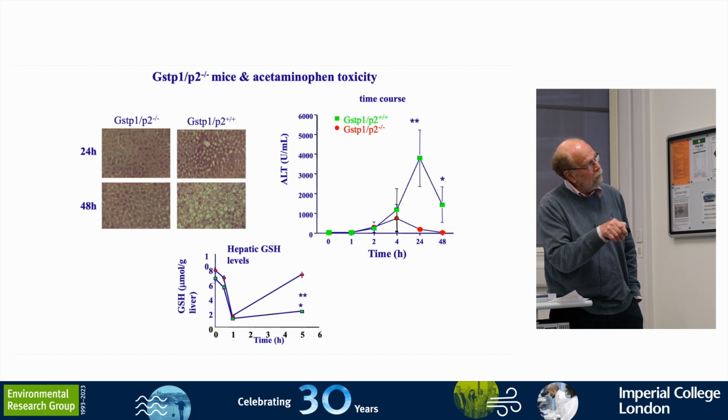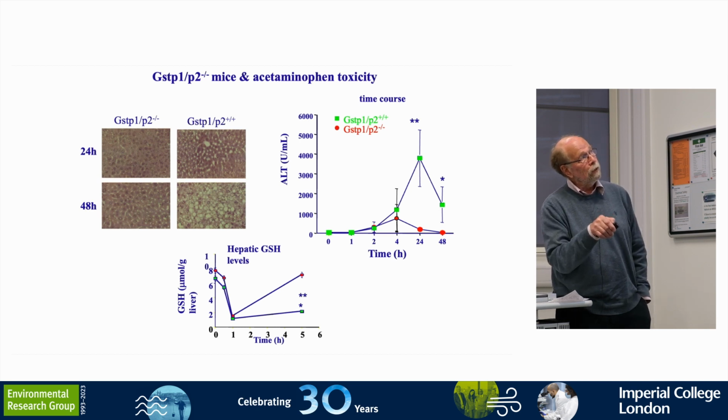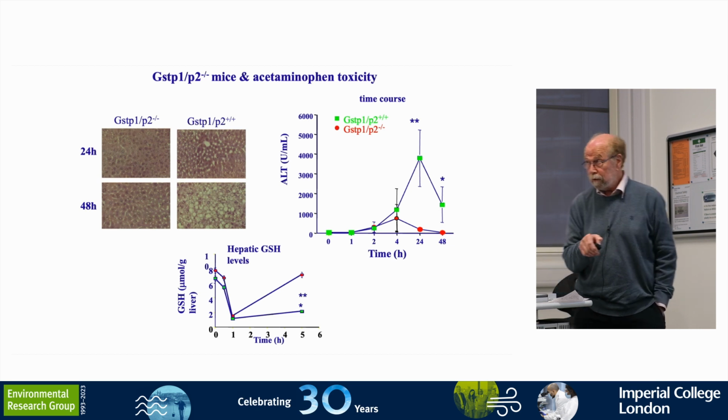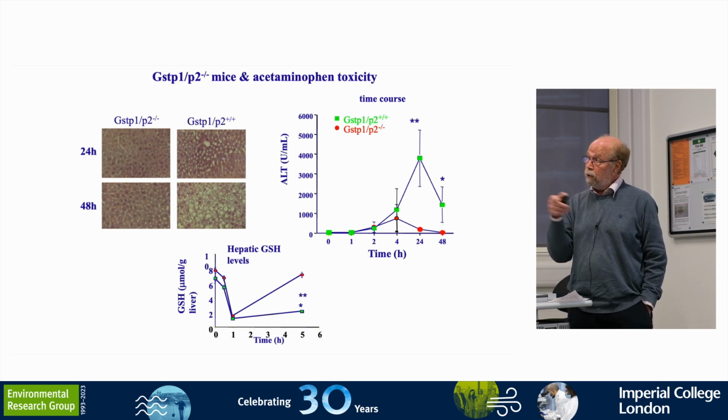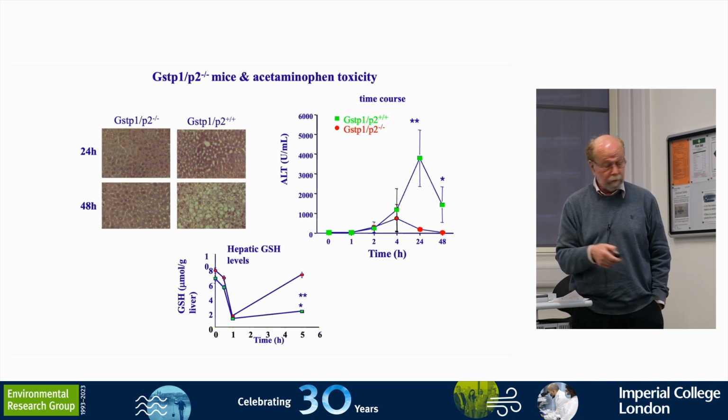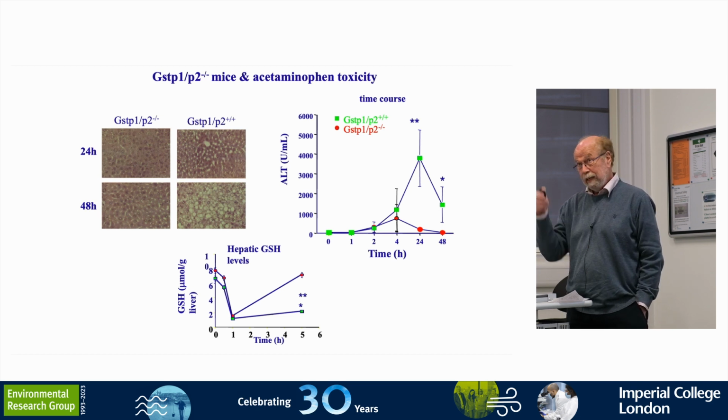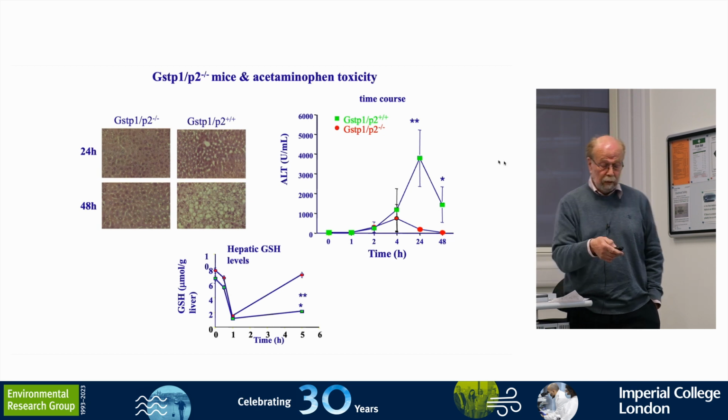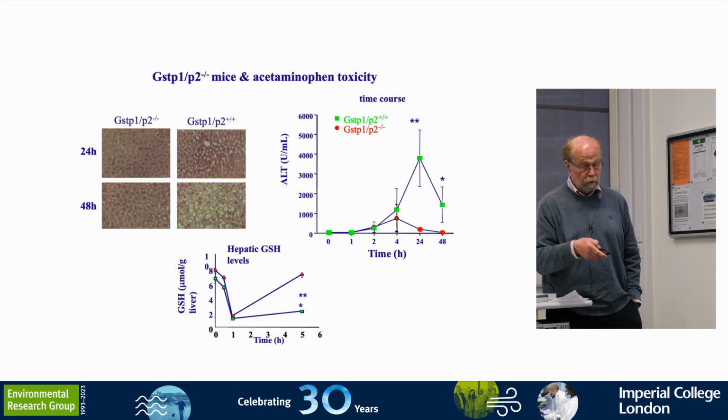The central cells in the centrilobular hepatocytes are basically dead, necrotic, but on the periphery you're still getting live cells with an oxidative stress response. In the GST pi null mice, you're not getting any dead cells, but you're still getting the oxidative stress, which tells us that the mechanism by which this enzyme is protecting against paracetamol toxicity is not because it's preventing oxidative stress, and we have evidence to show that it is also modulating a key signaling pathway associated with potential cytoprotection.